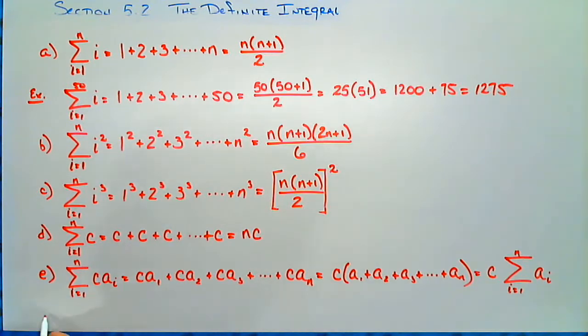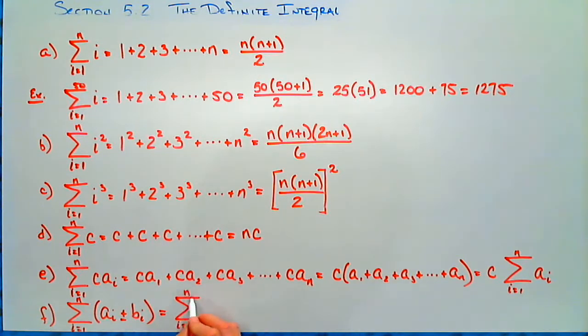And then the last one, we'll squeeze it right down here. The last one that we need to be aware of is what happens if you're adding or even subtracting two different things. And what we said back in pre-calc is we could split this into two different sums.